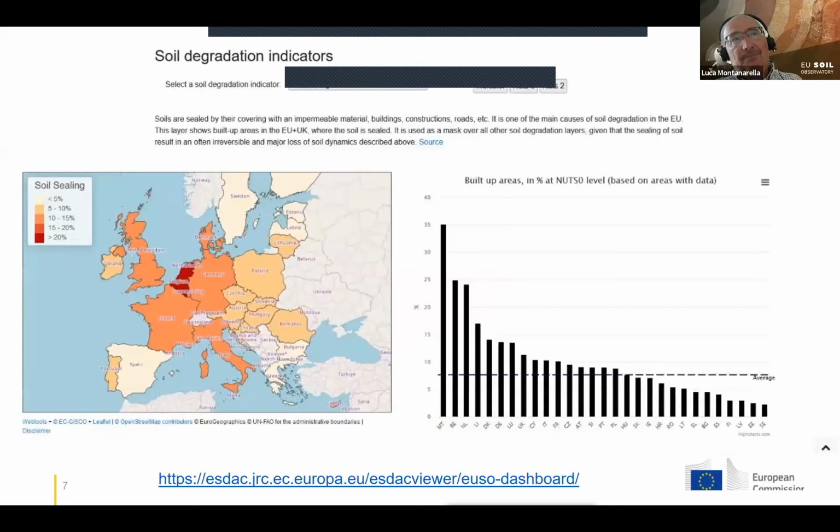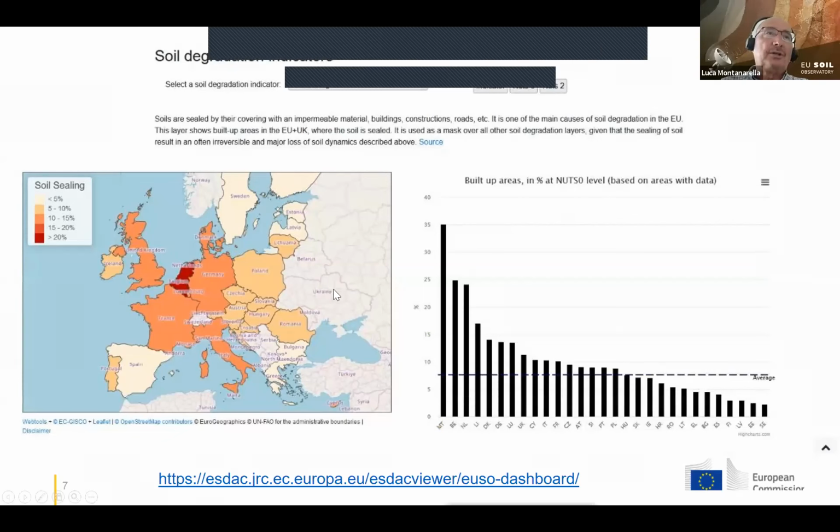Now, it's important also that we have the possibility to see these indicators in an aggregated way at administrative level. So obviously, one level is the national level that allows you, as you see here, to see how countries are doing for the various processes.